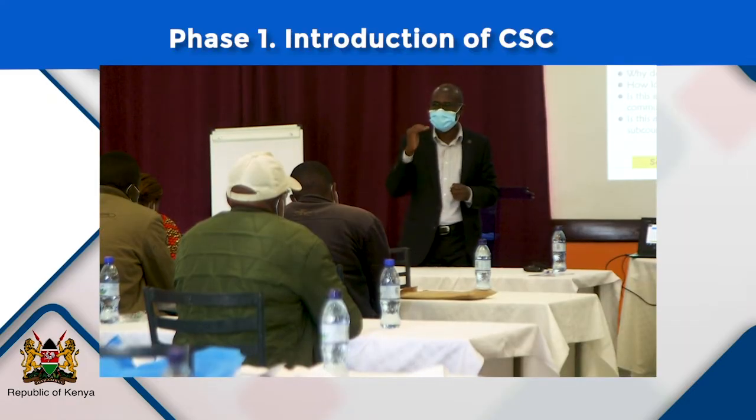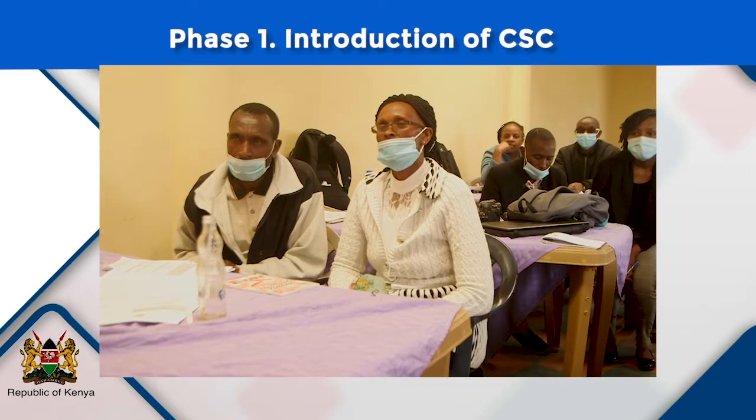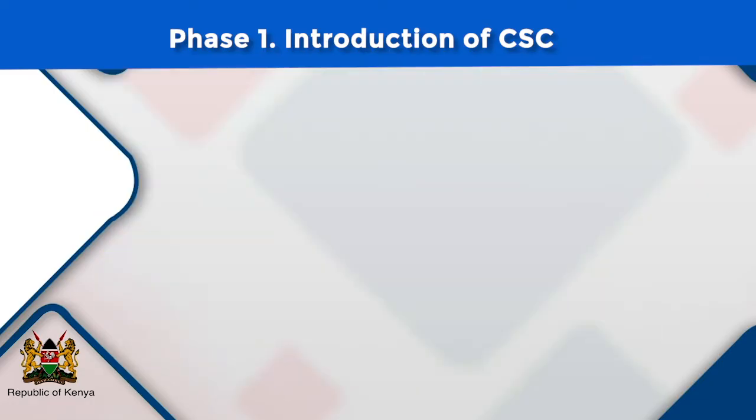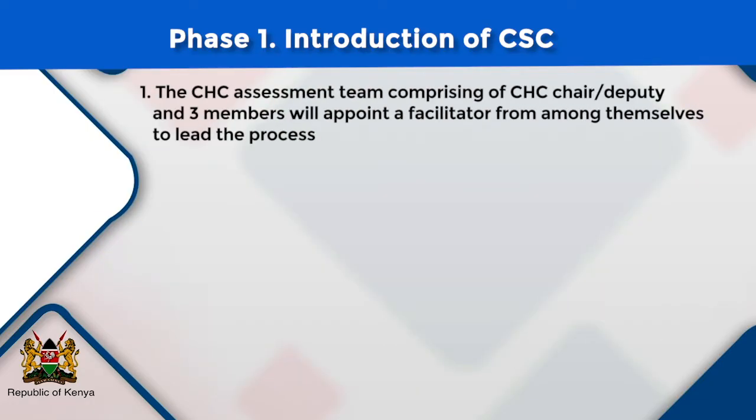Phase 1. Introduction of community scorecard. 1. The CHC assessment team, comprising of CHC chair or deputy, and 3 members will appoint facilitators from among themselves to lead the process. 2.